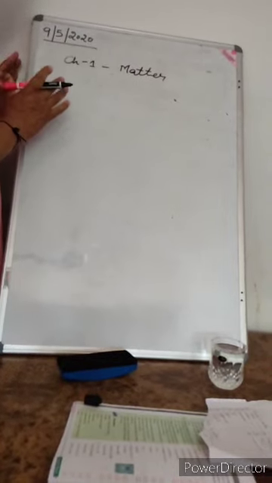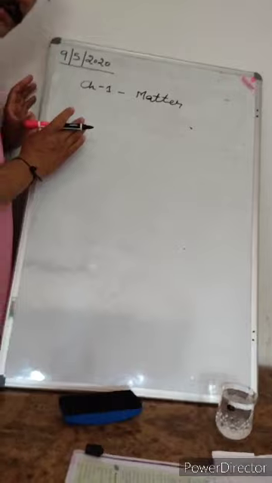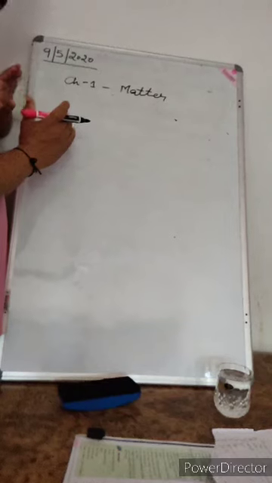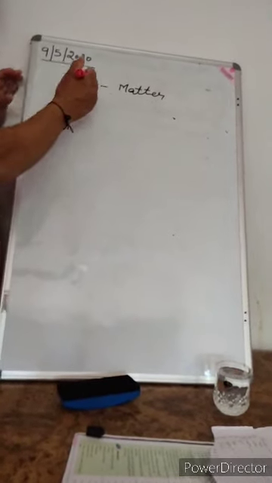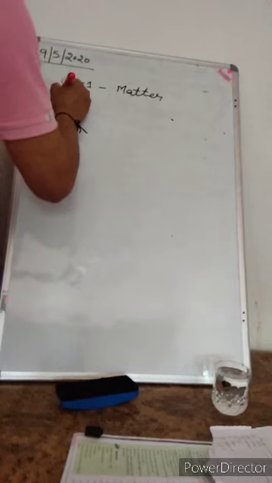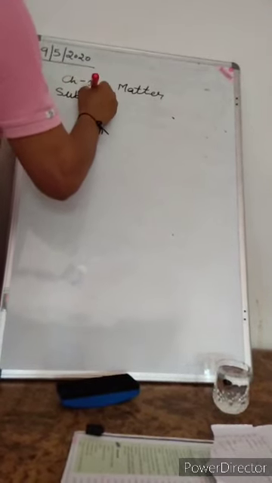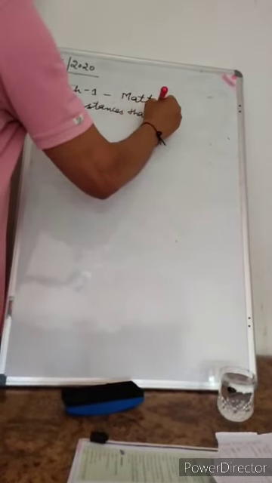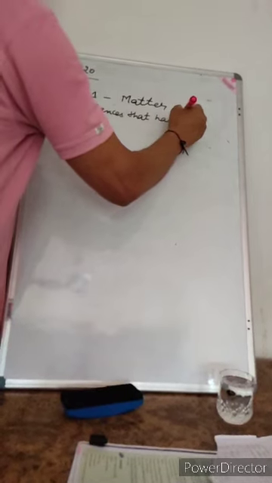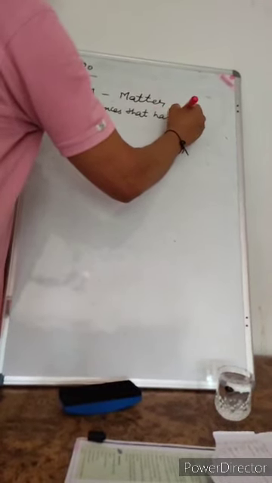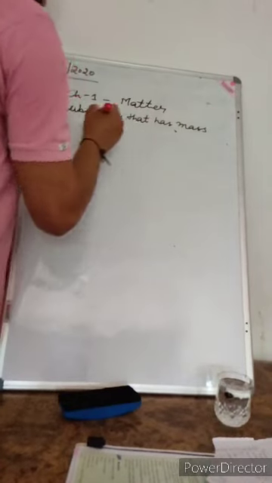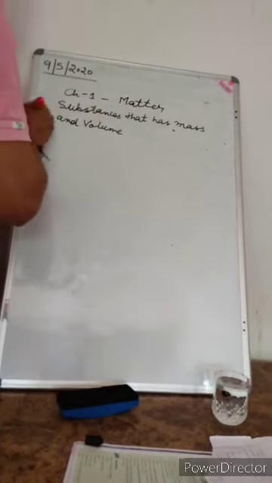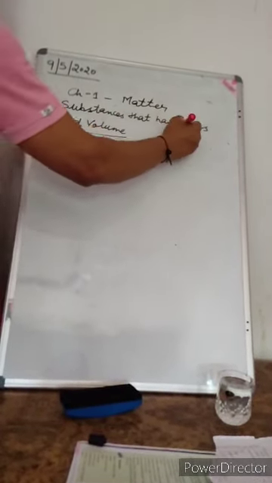In science, matter is the term for any type of material, or matter is anything which has mass and occupies space, like substances that have mass and volume are known as matter.